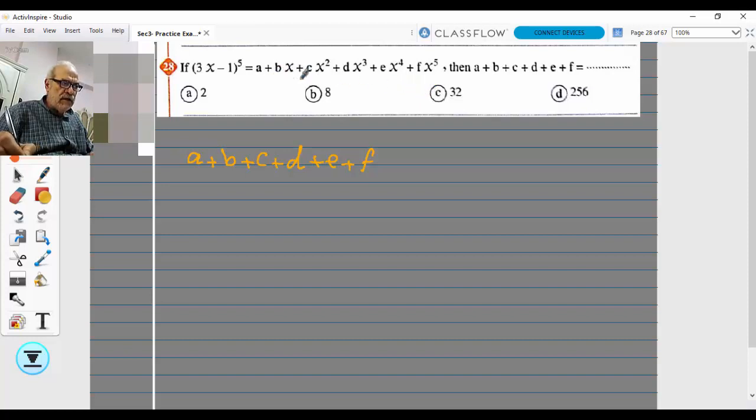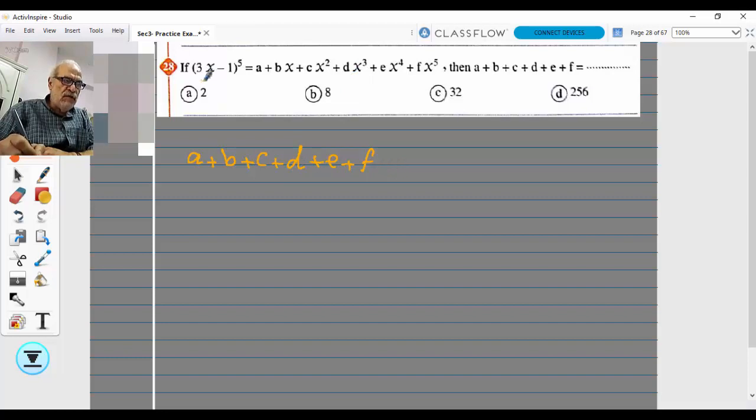When you put x equals 1 here, instead of x you write 1. Substitute x equals 1. What do you get? A plus b multiply 1 equals b. C multiply x square, it means c multiply 1 square, plus d multiply 1 power 3. 1 power 3 equals 1. So 1 multiply d equals d, and so on.